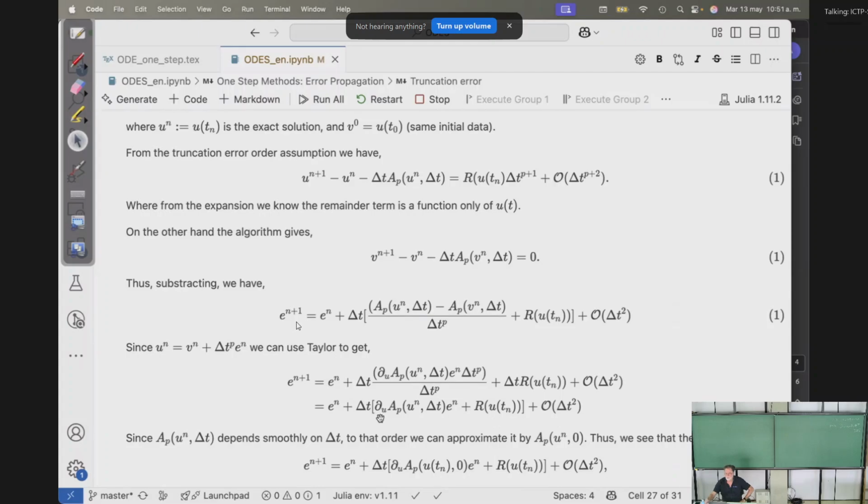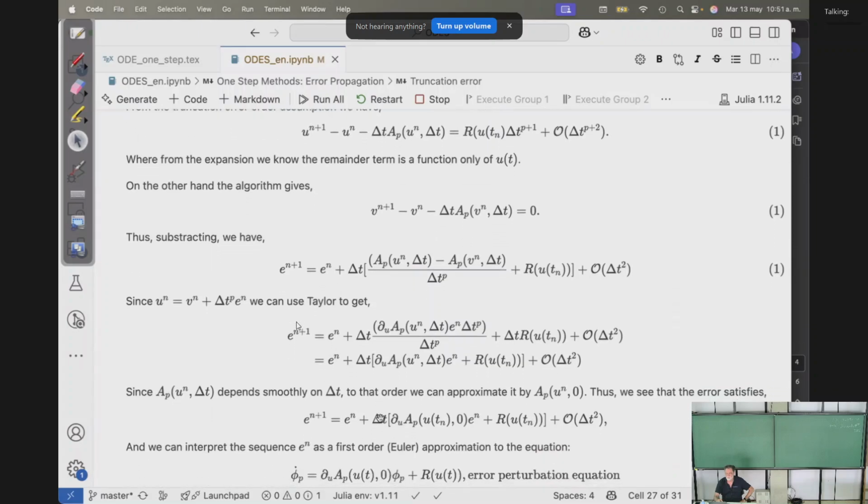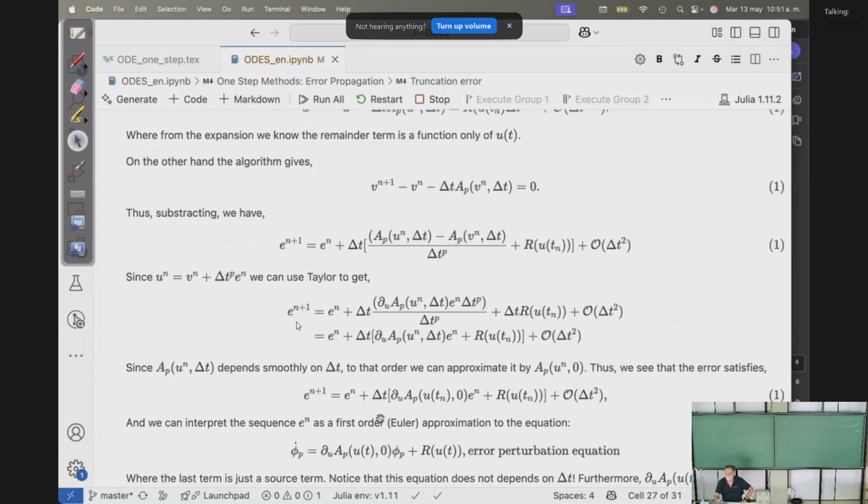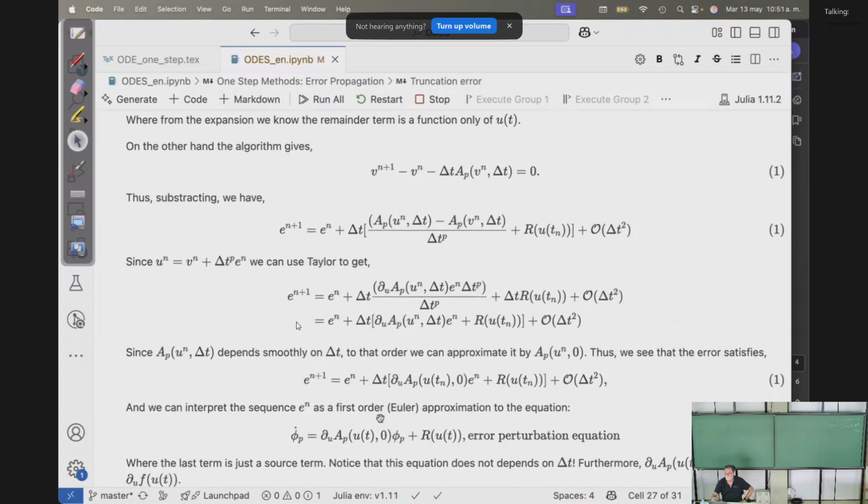Okay? So the error satisfies this. This is the same thing, where we have evaluated here at delta t equal to 0, because we can approximate this function that depends on delta t here, put delta t equal to 0 here, right?